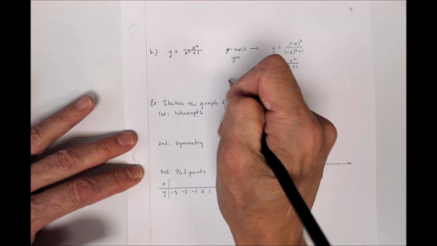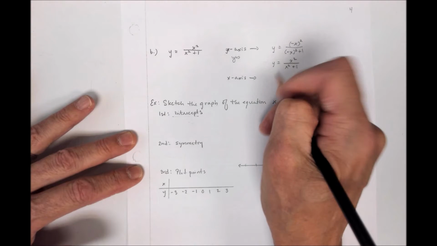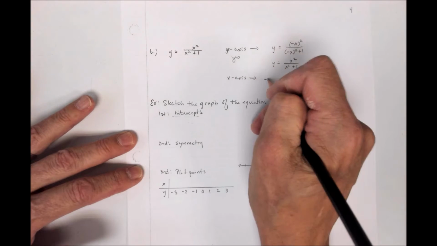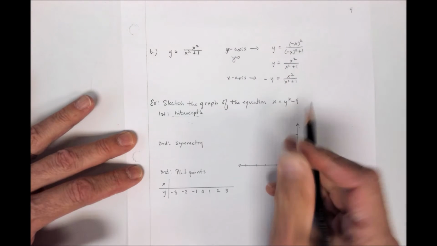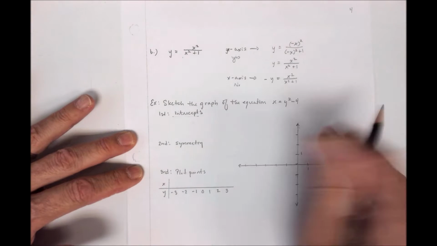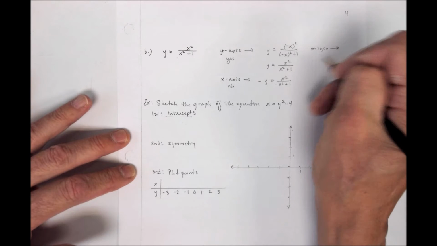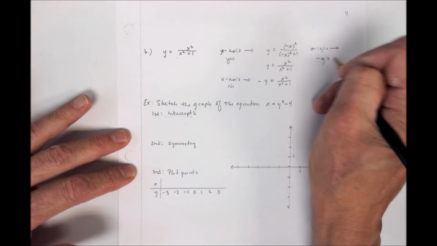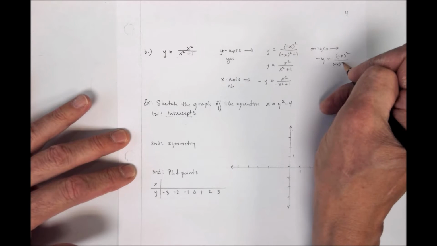Is it symmetric to the x-axis? I don't think it's going to be, but we'll go ahead and plug in the opposite of y in for y. And as you can see, there's no way I can make this guy into this guy. So no here. And how about the origin? That would be the opposite of y equals the opposite of x squared all over the opposite of x squared plus 1.